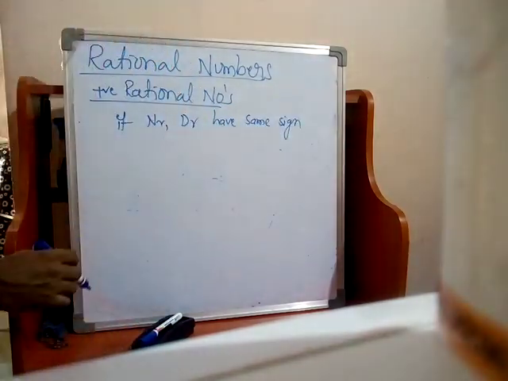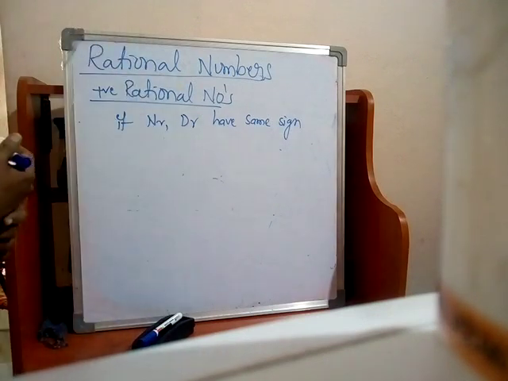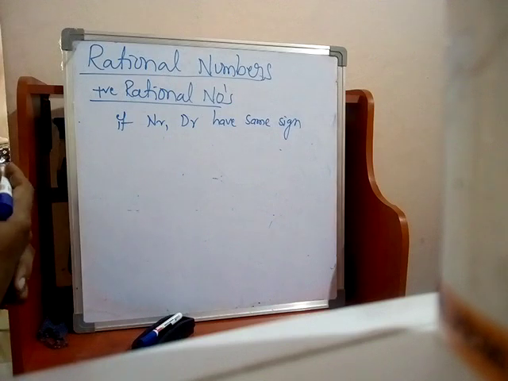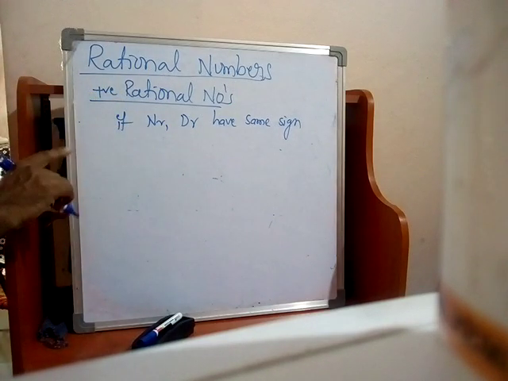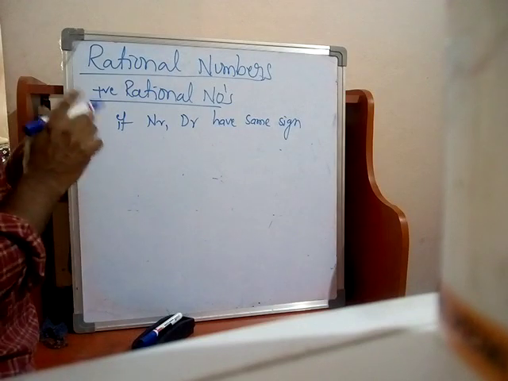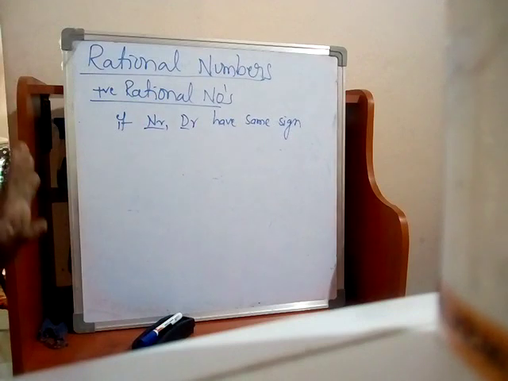Numerator and denominator of a rational number having the same sign, that is a positive rational number. Okay. So now see this. A rational number is said to be positive if numerator and denominator both have the same sign.